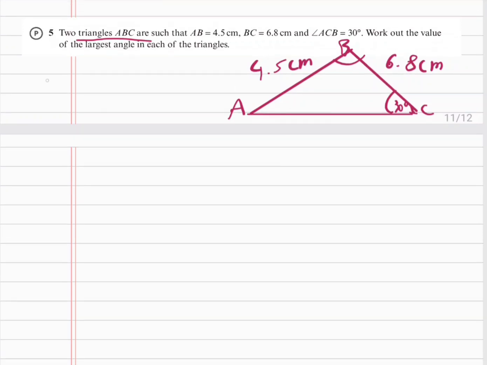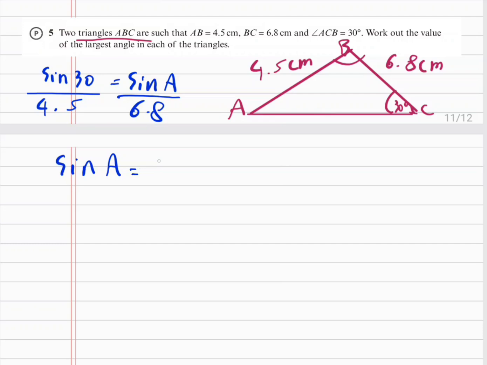So we have sine 30 over 4.5 is equal to sine A over 6.8. Now we rearrange this, so sine A is sine 30 times 6.8 over 4.5.